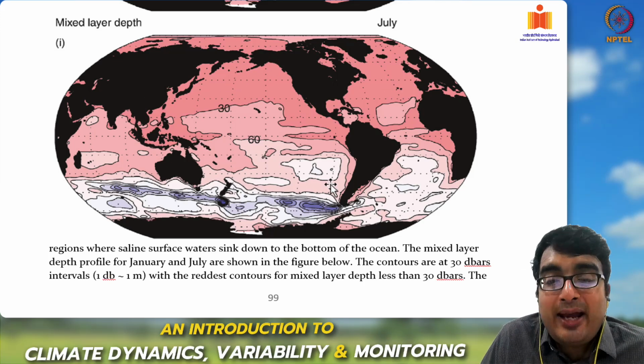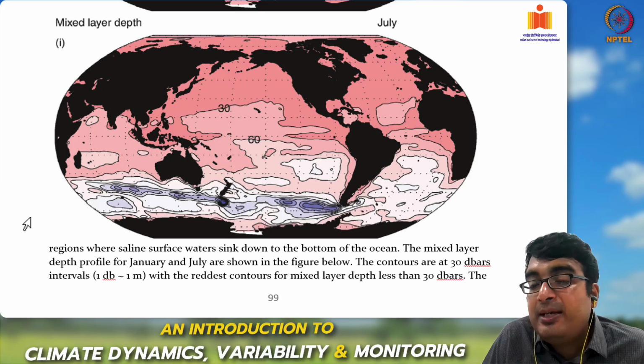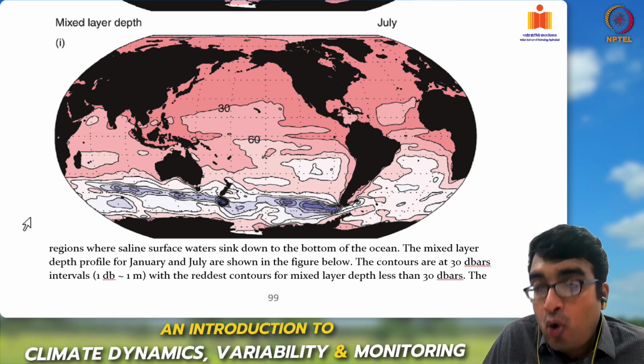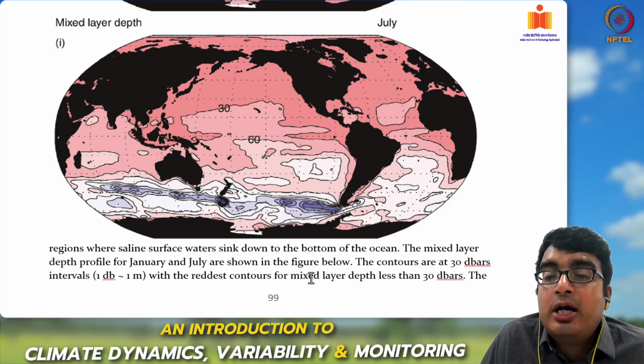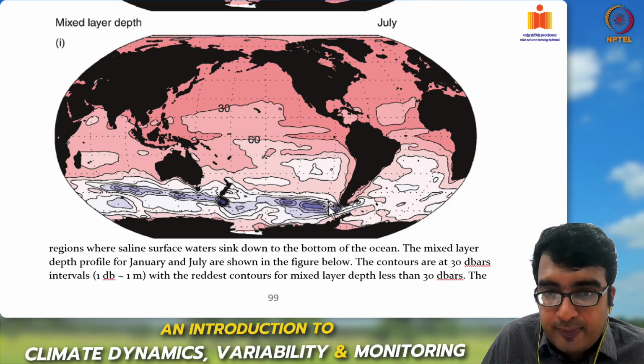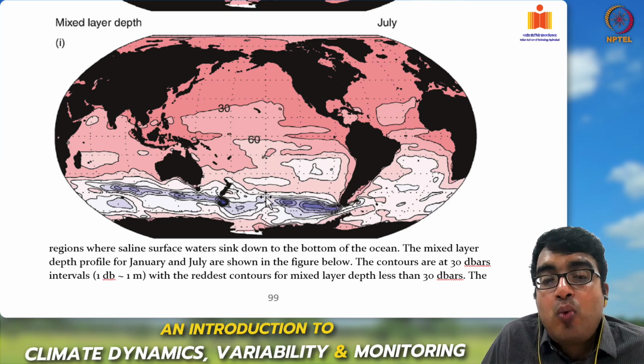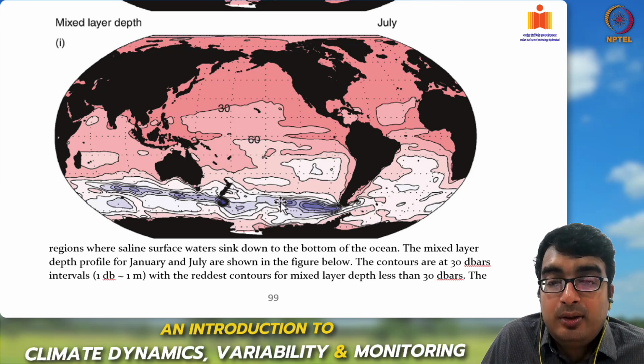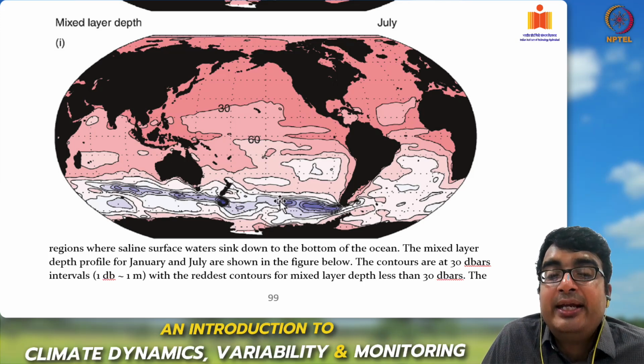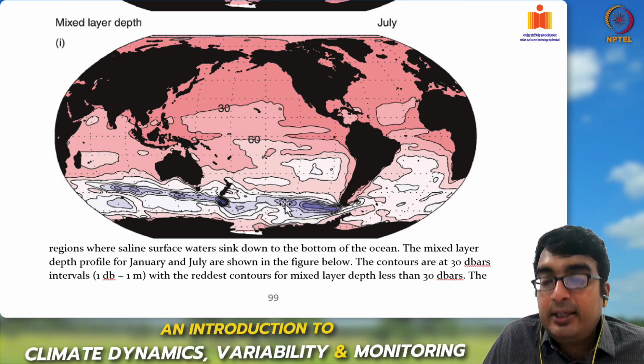Alright. Whereas most of the southern hemisphere, the mixed layers are thicker because they are colder and you have stronger buoyancy driven circulations. So throughout the southern hemisphere, the mixed layers go from 60 to 90 to 120 to 150 to 200. Okay.